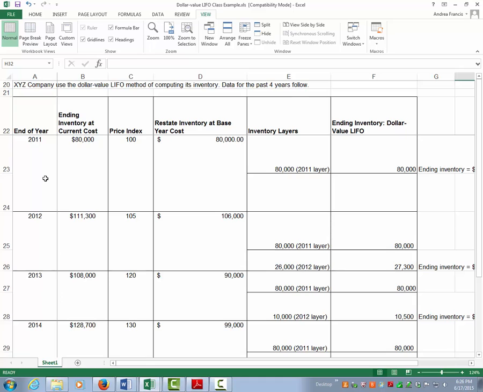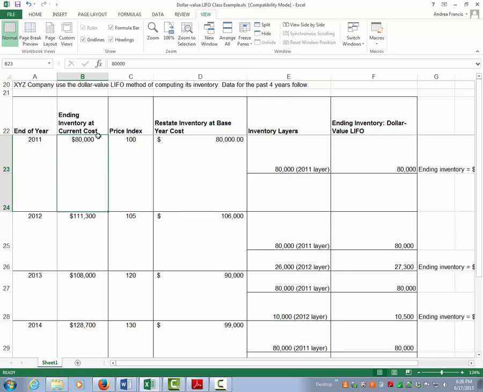So a second option is for companies to create pools of inventory where they combine different inventory together and say, hey, let's put phones and tablets and computers into one pool. The pools work okay, but the problem with the pool is that as the inventory changes, the company also has to go and redefine the pools, which can then mess up some of the layers from previous years and so on. So a good workaround is to use dollar value LIFO.